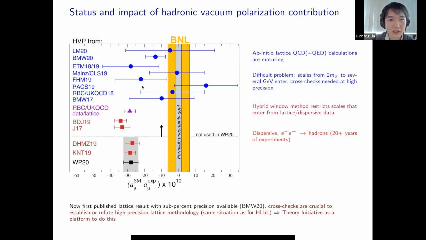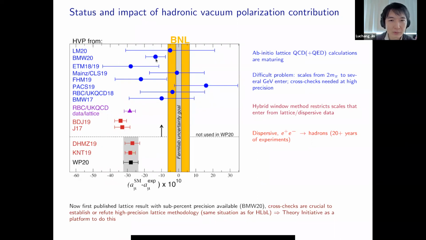Here are a lot of different pure lattice calculations, most of them with relatively larger error bars. Roughly, it seems that the pure lattice results are higher than the R ratio, but with larger error bars, one cannot really tell.